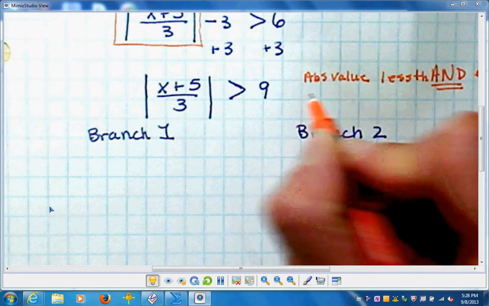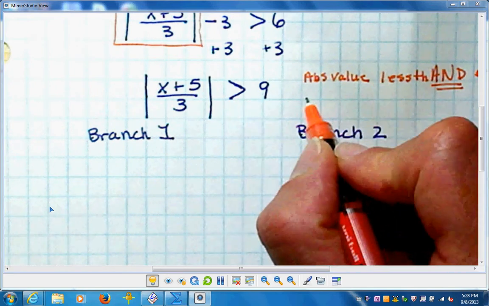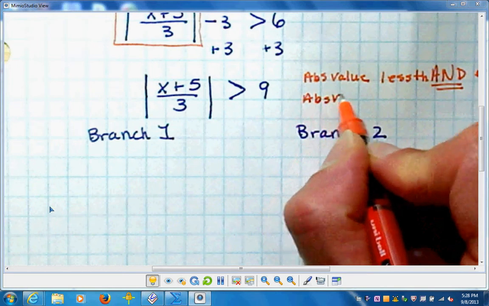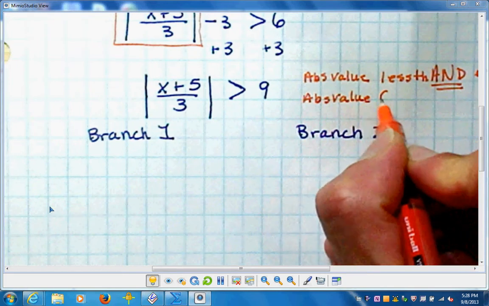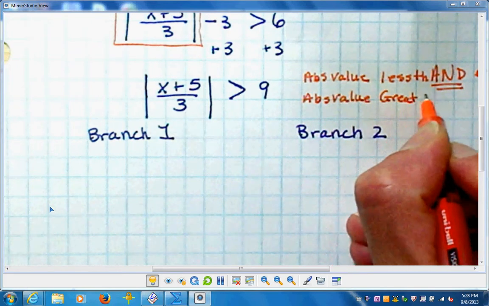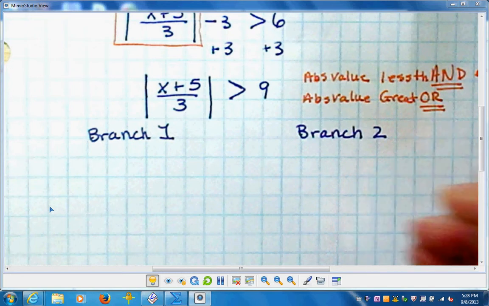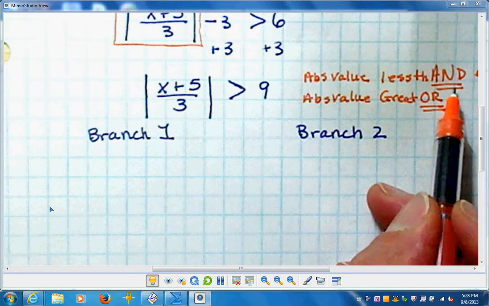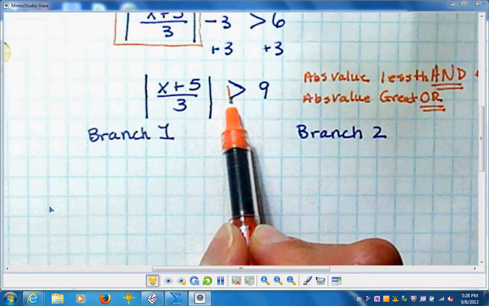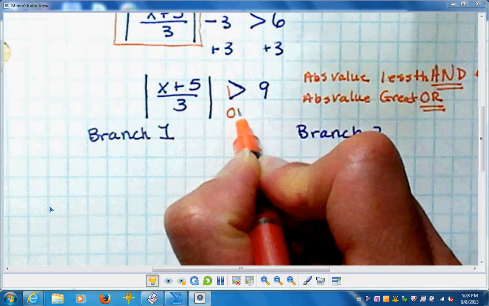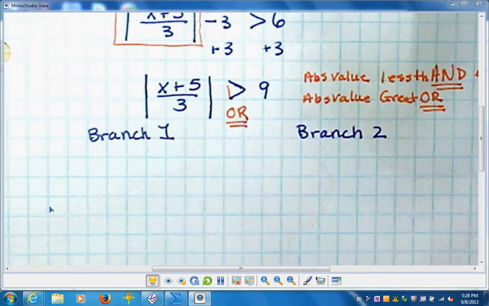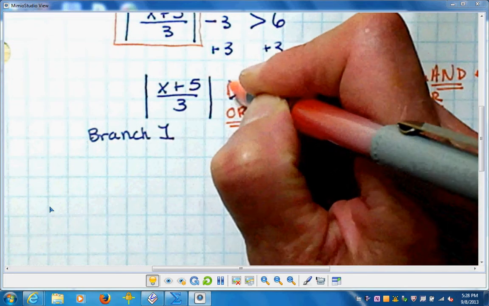Let's try that again. So it's not less than. So my absolute value is greater than. Okay? I'm glad I caught myself. This is greater than. So that means that this here is an or problem. Okay. Because this side is bigger. It's greater than.